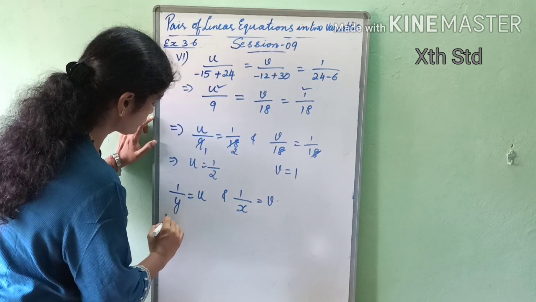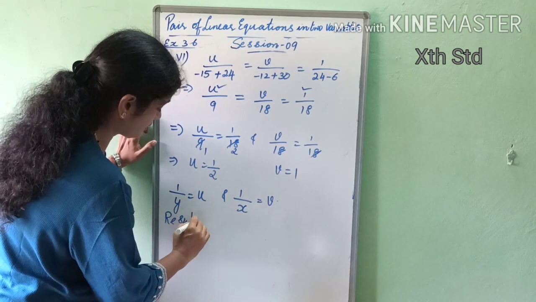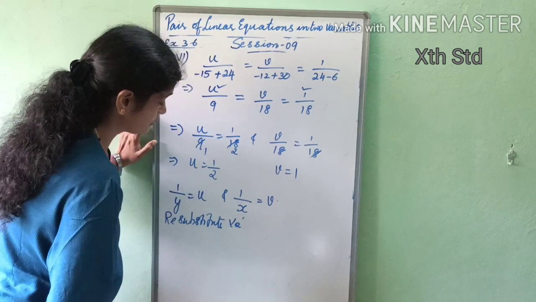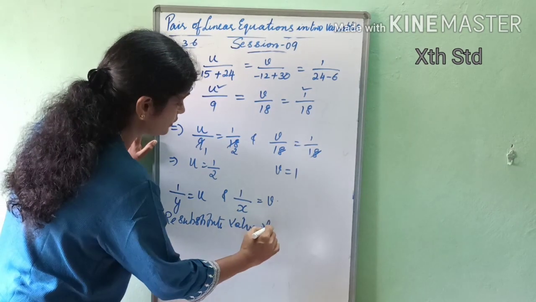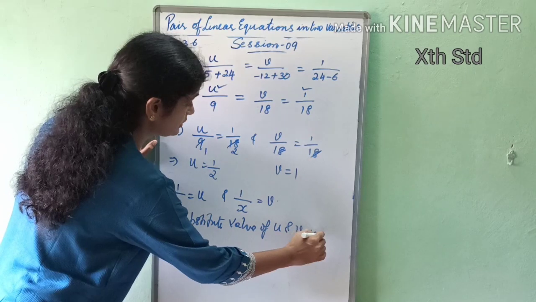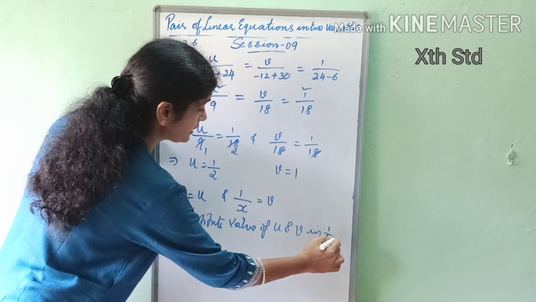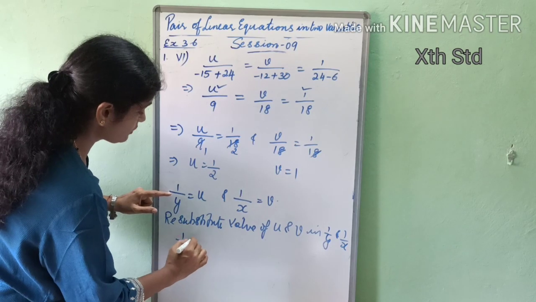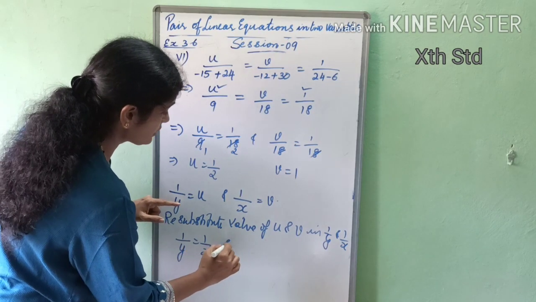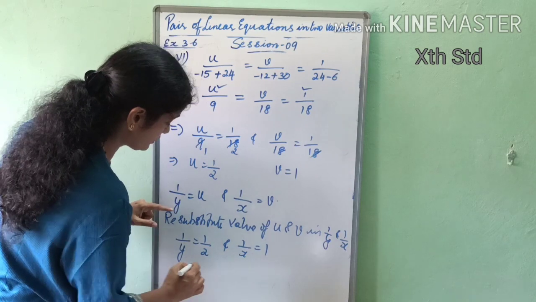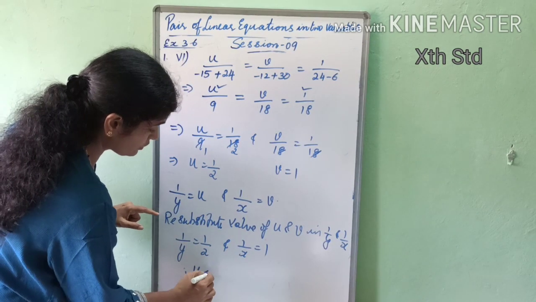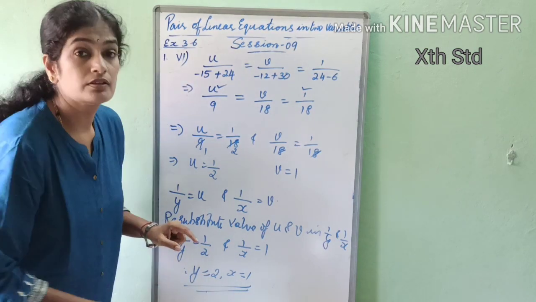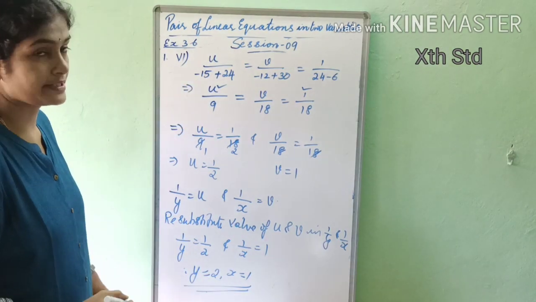So re-substituting the values of u and v in 1 by y and 1 by x, what do we get? 1 by y is equal to 1 by 2 and 1 by x is equal to 1. Therefore, y is equal to 2 and x is equal to 1. These are the values of x and y.